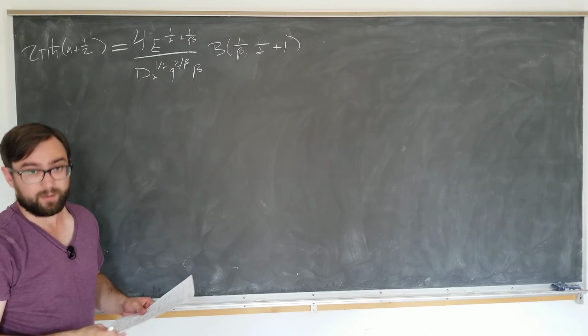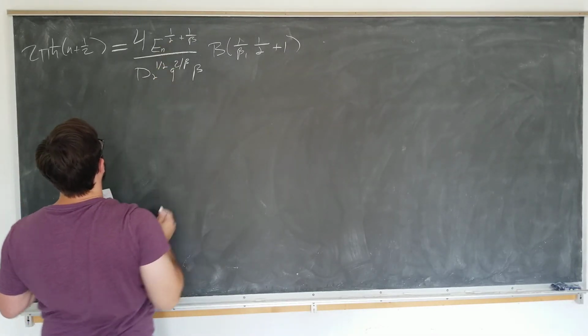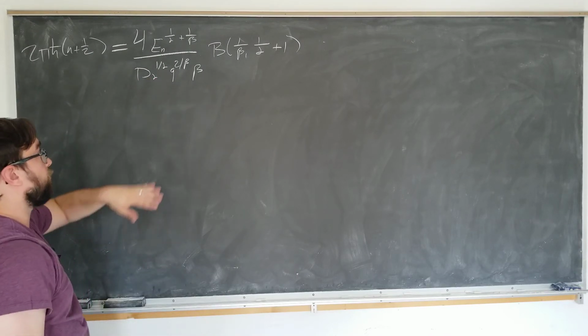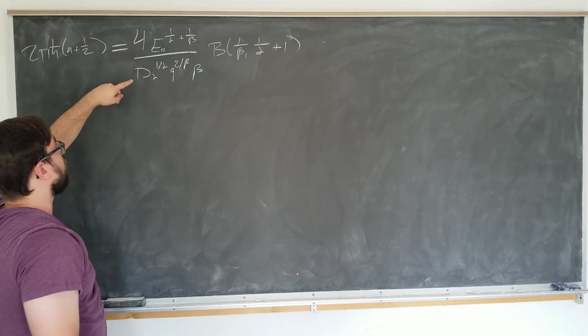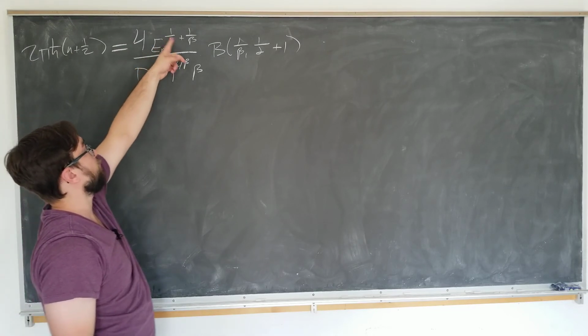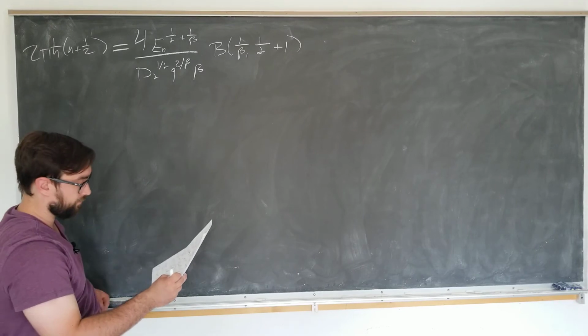Fantastic. Now, all we have to do is label this En and then solve this expression for En. So we'll be taking the beta over there, multiplying by the opposite of this, and finally taking the 1 over alpha plus 1 over beta inverse power to obtain the result that we want.